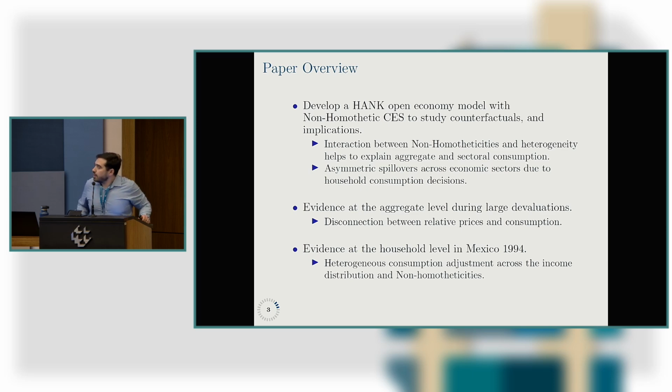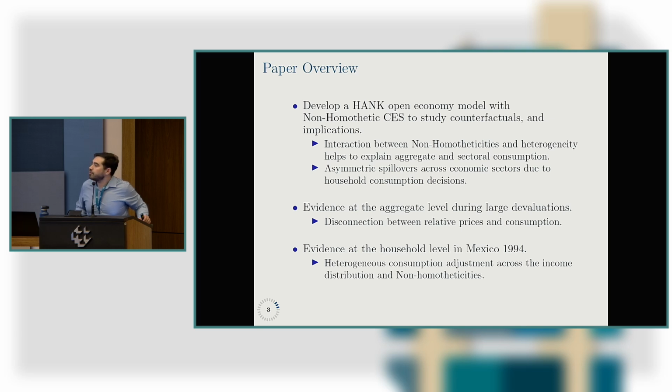One of the main results of the theoretical part is that we need the interaction between heterogeneity at the household level and non-homotheticities in order to reconcile the empirical evidence, that is, aggregate and sectoral level consumption. You need both devices at the same time to explain them.